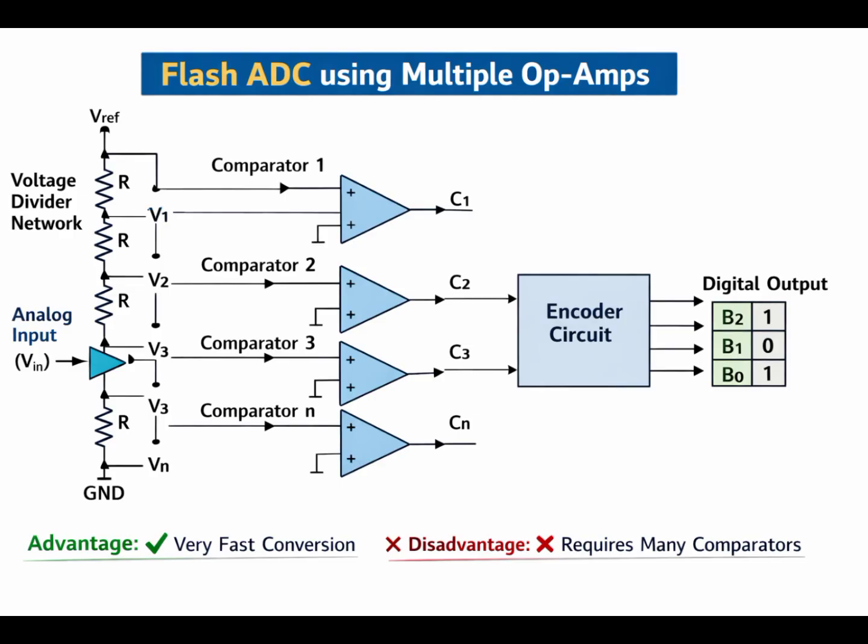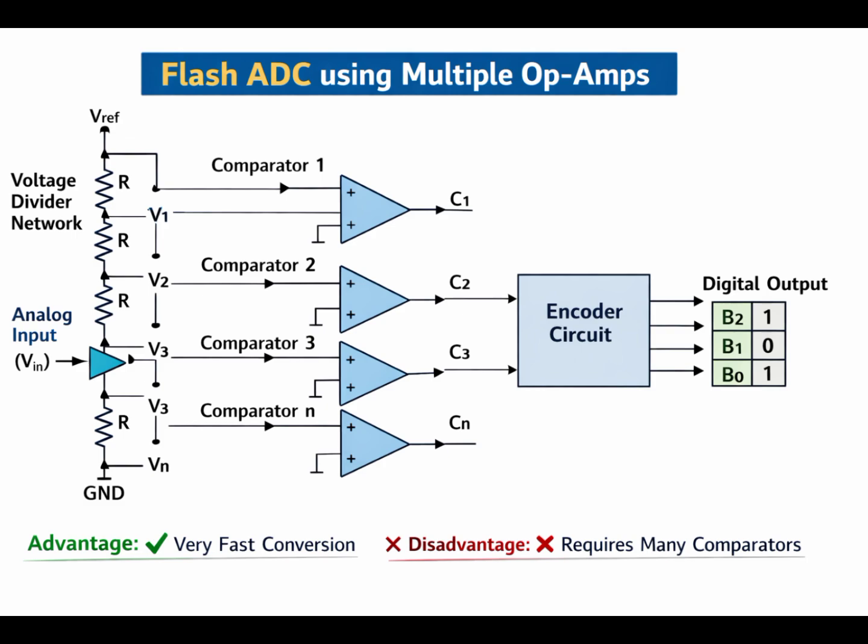Flash ADC using multiple op-amps. Now let's move to Flash ADC. Flash ADC uses multiple comparators, voltage divider network, encoder circuit. Each comparator compares input voltage with different reference levels.